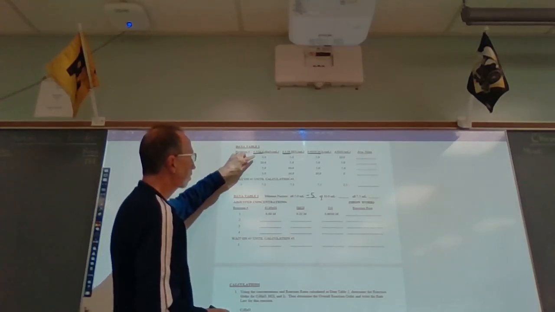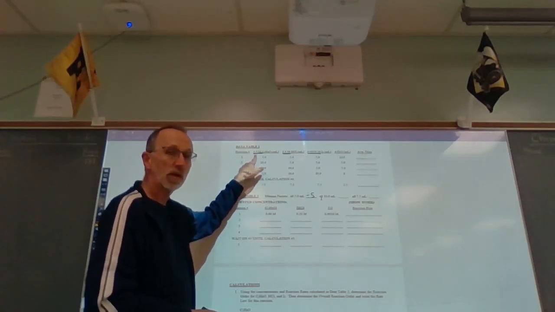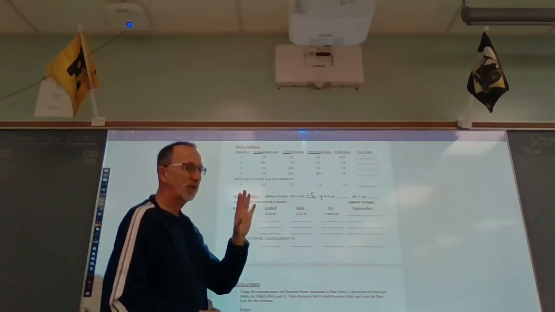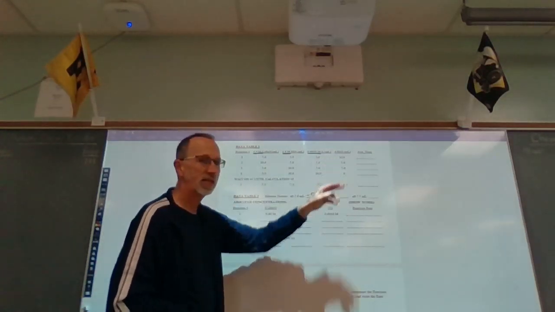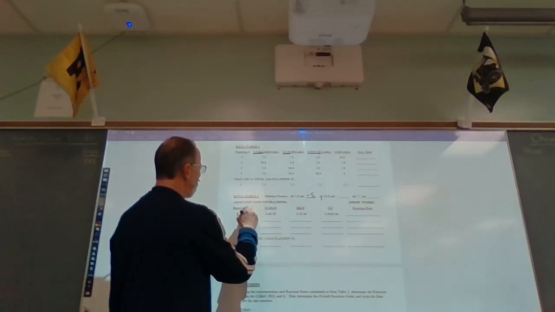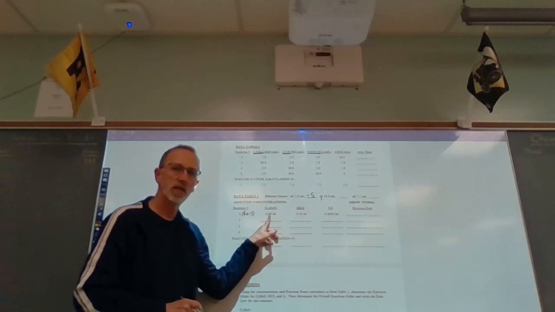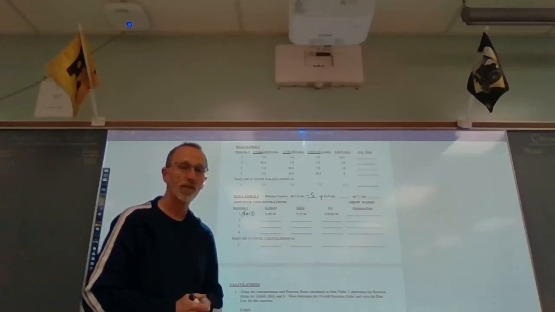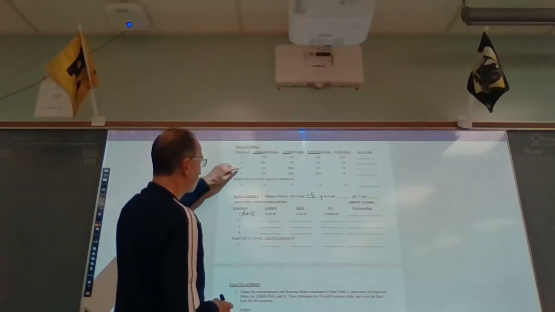So our actual concentration of acetone was 4 molar, but that was with 5 mLs. When we diluted it to 25, if you take 4.0 molar and divide that by 5, you get a diluted concentration of 0.80 molar for that acetone.